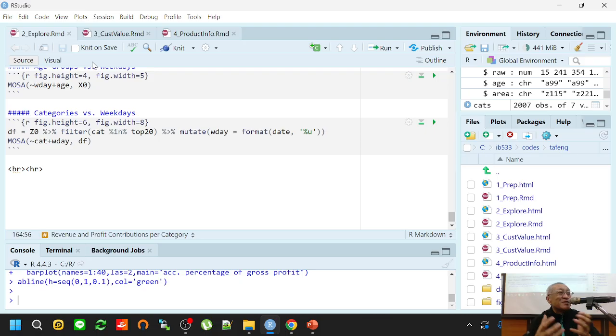And teach you some techniques to see how the revenue and the profit are generated from categories, right? So we know that although we have a large number of categories and products, when we do the analysis, basically we just need to focus on the top 10 or top 20 types of products. Okay, that should be good enough, right?